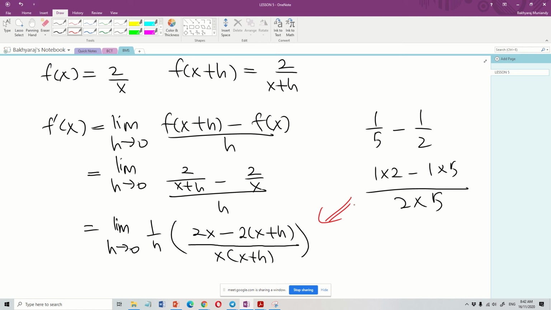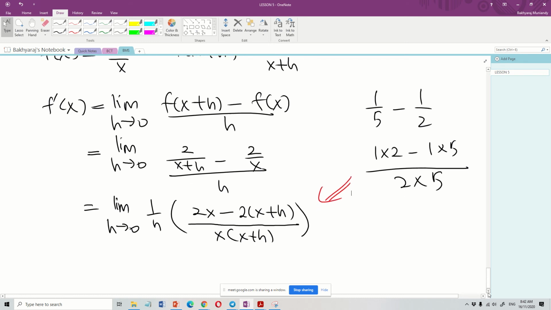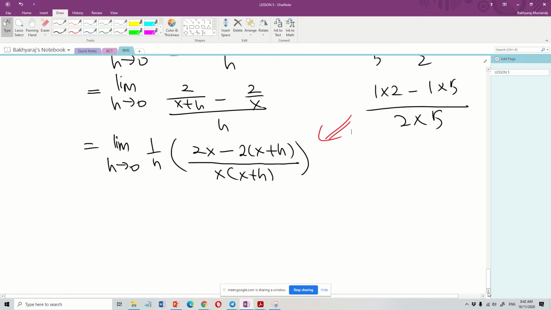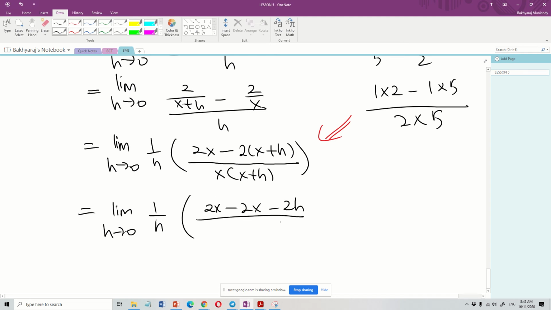Okay, so bila masuk macam ni, then I can simplify the thing. So simplify dia jadi apa? Dia akan jadi limit h approaches 0, 1 over h, 2x minus 2x minus 2h divided by x square plus xh.